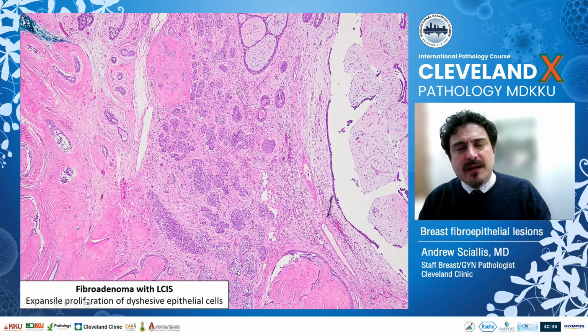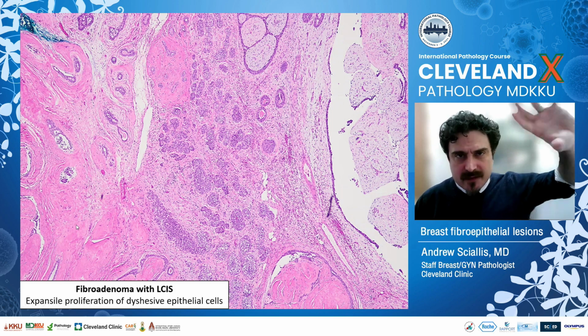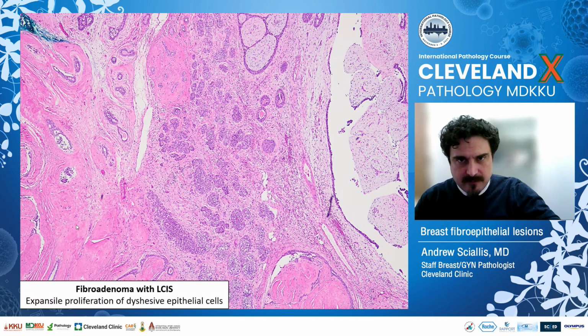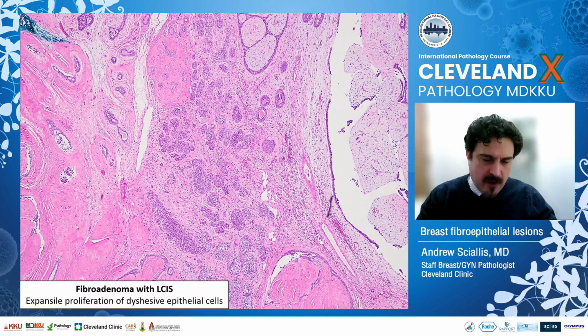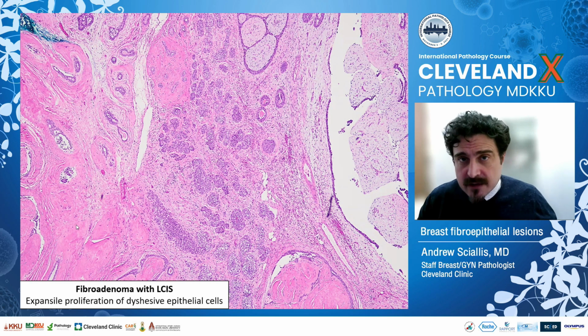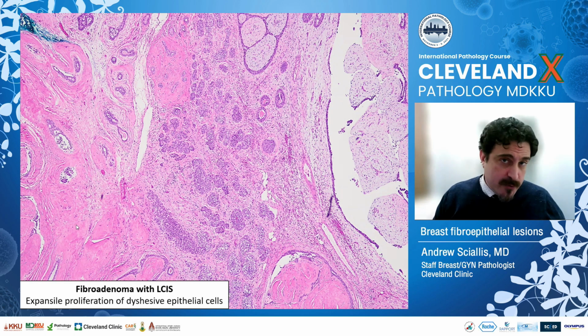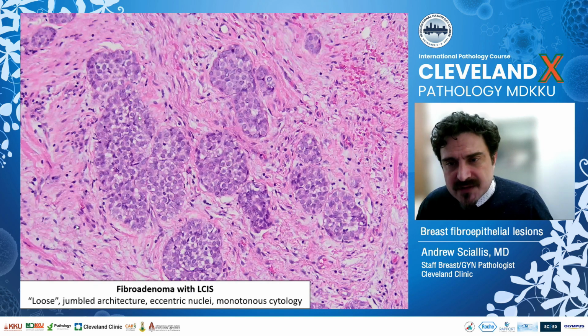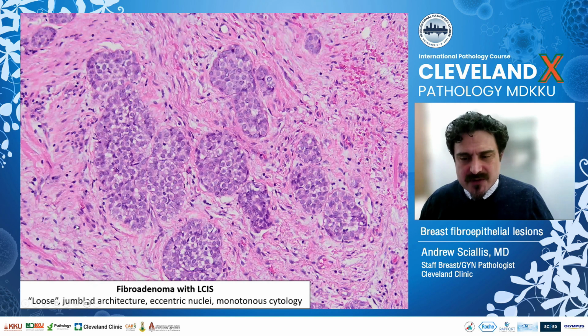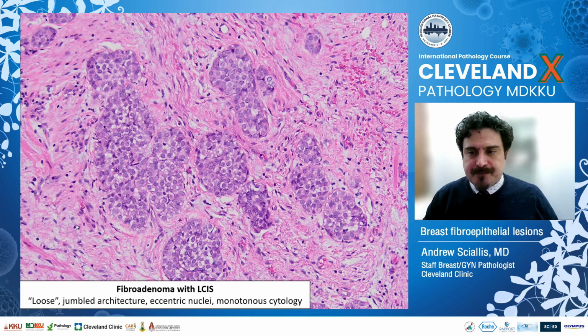Like if they were in a jar and you were to upend the jar, they would all come rushing out and fall on the table, which is different than ductal epithelial proliferations like usual ductal hyperplasia and DCIS. So here, a lot of white spaces in between them. You get a feeling that they're kind of loose. A lot of eccentrically placed nuclei that have a plasmacytoid appearance. And then very monotonous cytology, like almost every cell looks identical.